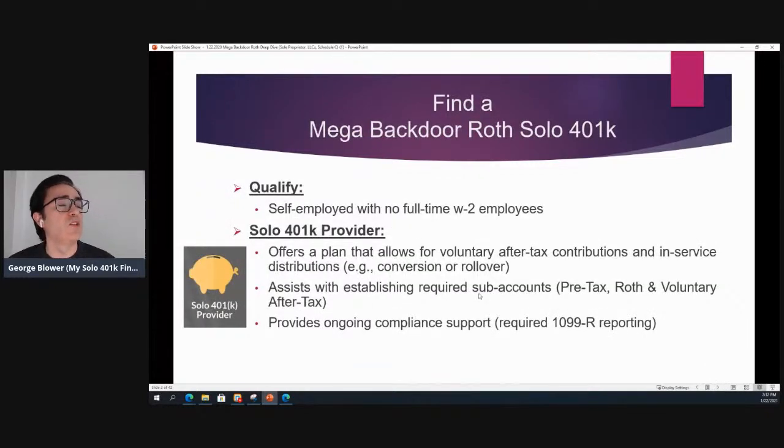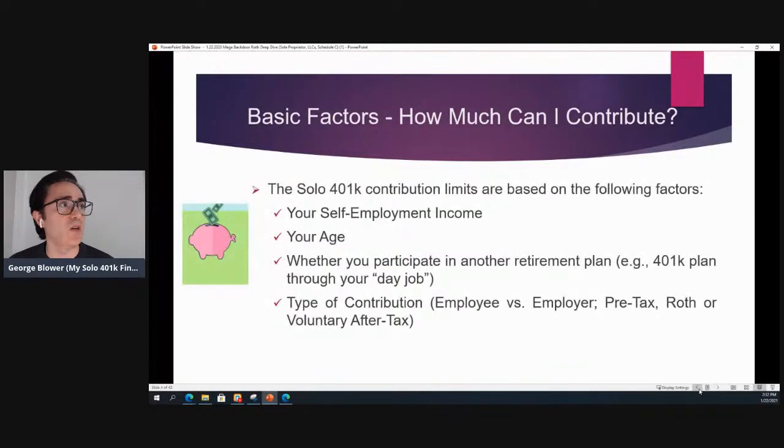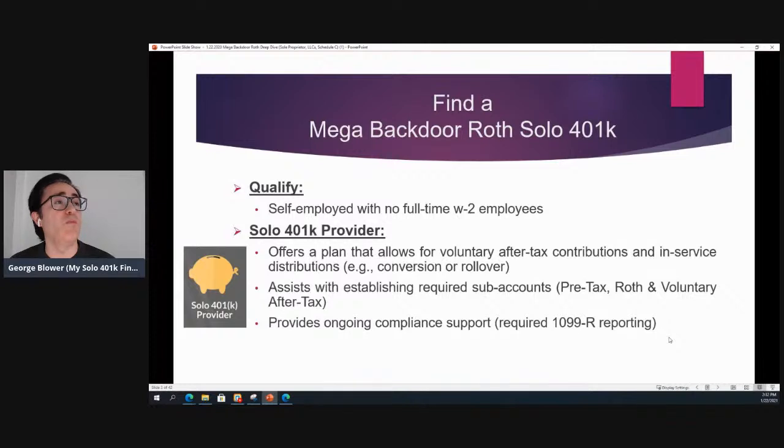So let's first start out with the reason to set up an account. The benefit of a Mega Backdoor Roth Solo 401k is being able to contribute high amounts to a Roth Solo 401k. A Solo 401k is always going to have the highest contribution limits for any defined contribution plan.